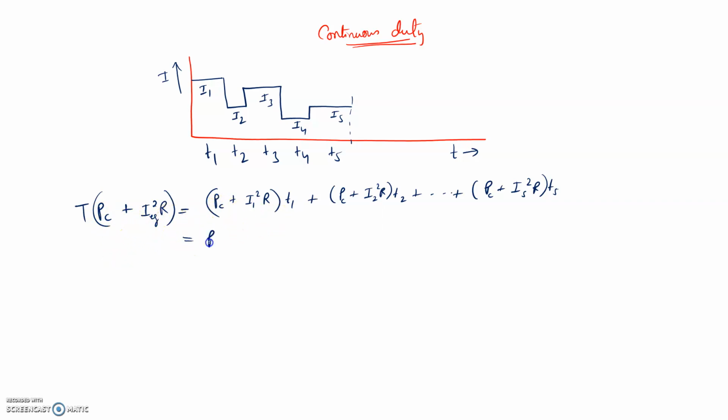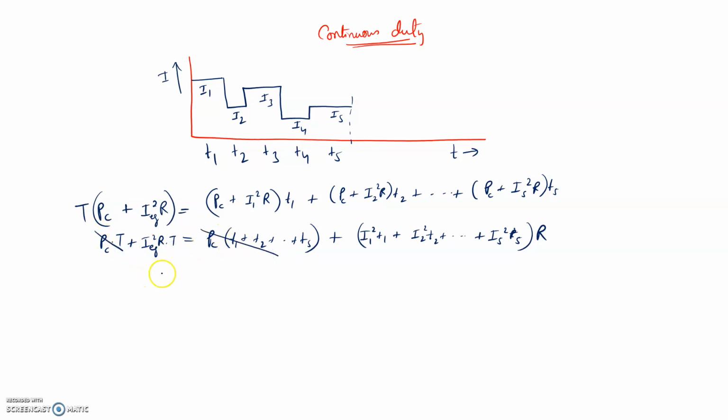PC common times T1 plus T2 up to T5, plus I1 square T1 plus I2 square T2 plus up to I5 square T5, with R common, equals PC into capital T plus I equivalent square R into T. So these two terms cancel, and I equivalent is equal to the square root of I1 square T1 plus I2 square T2 plus up to I5 square T5, whole divided by capital T.